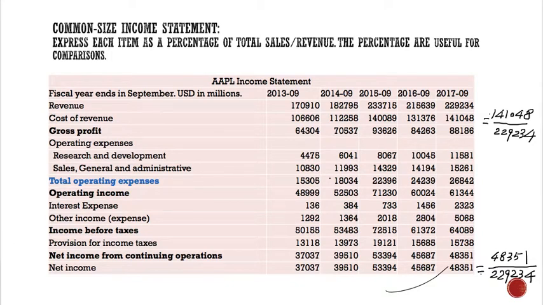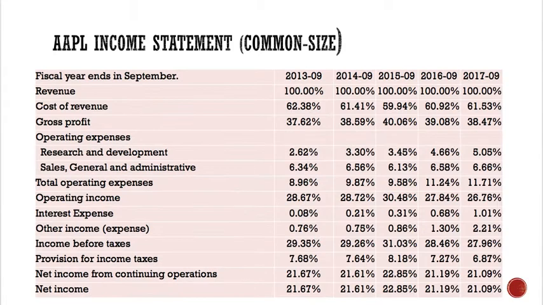So we can get a percentage. This makes the comparison easier. Look at the common size statement. The revenue is the base, 100%, and every number is divided by the base. So it gives us a percentage. It's easier to do the comparison with percentage.